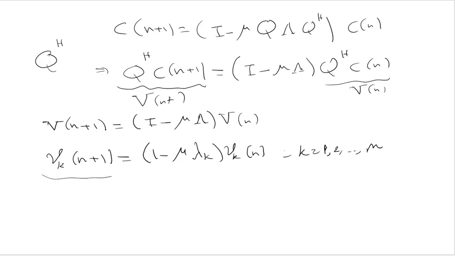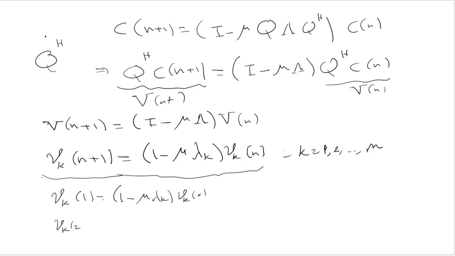These are so simple to talk about because they are scalar and separated, so I can solve them starting from 0. For example, we have Vk1 equals 1 minus mu lambda k Vk0.